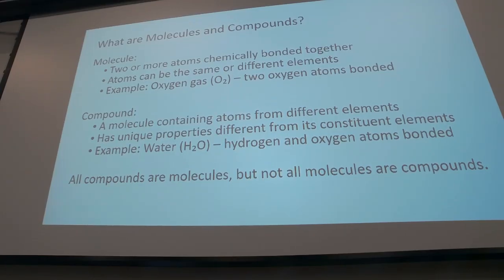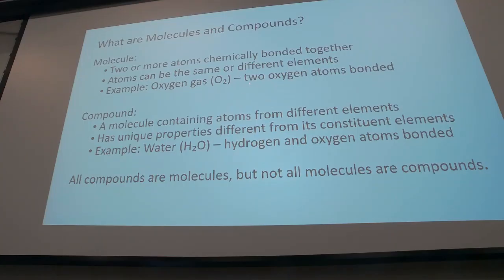Now, sometimes you can have a heterogeneous molecule in which you have two different elements. Like in the case of water, you have two hydrogen atoms and one oxygen, and they form a molecule of water.